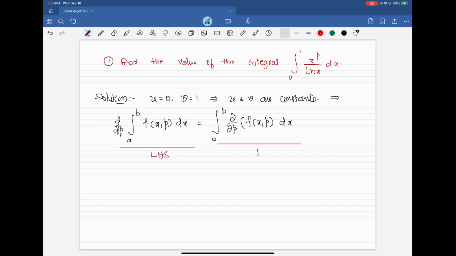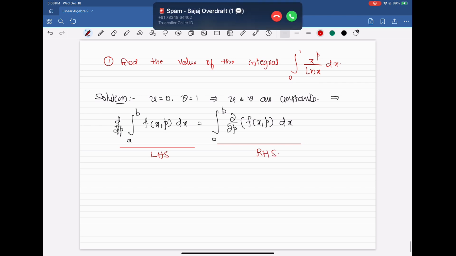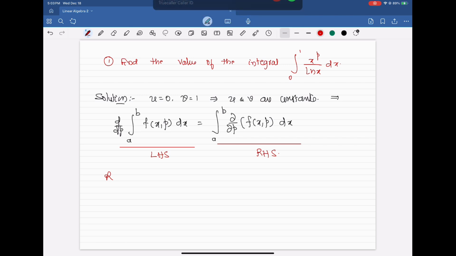Let us find out the value of the right hand side. Integral a to b dou by dou p of function xp dx.